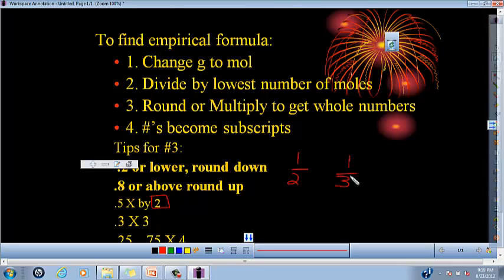So you will multiply by 3, the denominator, to get rid of it. Now if you have 0.25 or 0.75, those are the common fractions 1/4 and 3/4. And so you again multiply by the denominator to get rid of that. Now I know this is all hogwash right now, but it'll make sense in a minute.